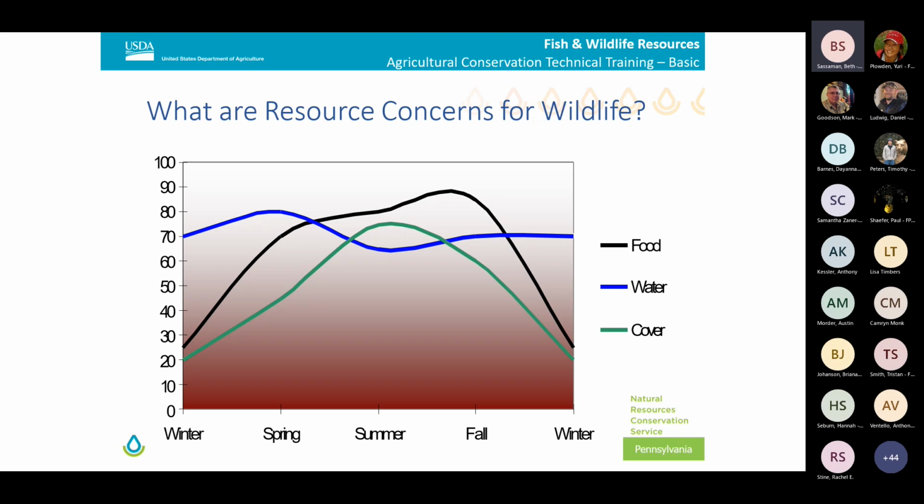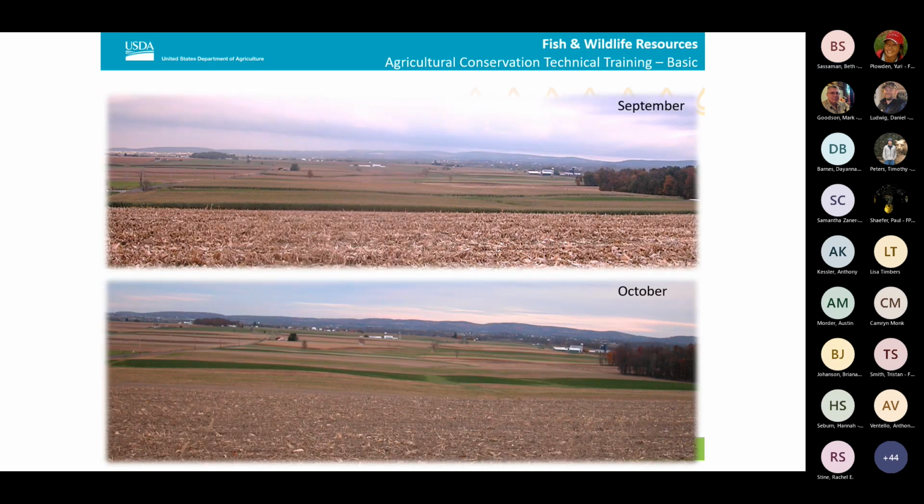So this is a chart of how throughout the seasons, the different resources that are available. Like I said before, when you get into the fall and winter, the food and cover decline, which causes species to move to get to a place where those resources are available.